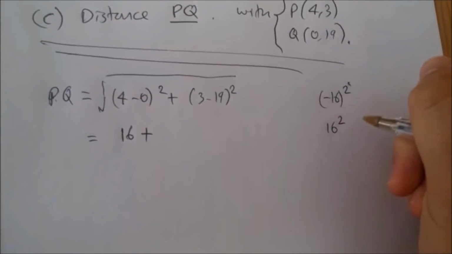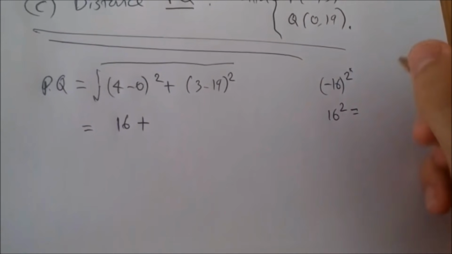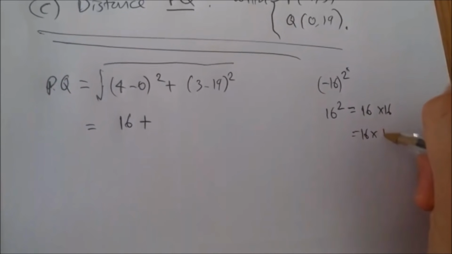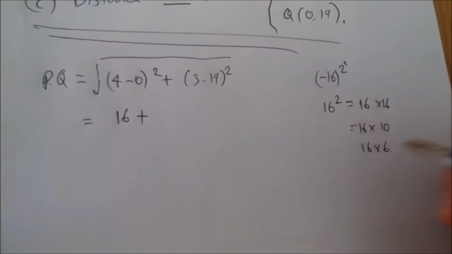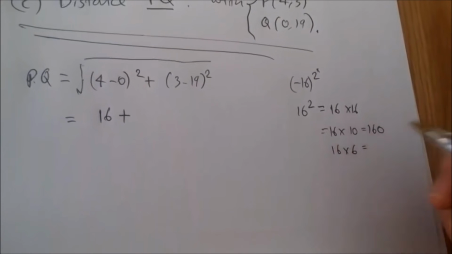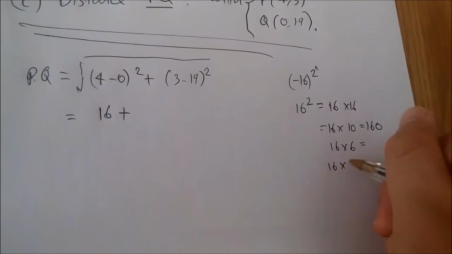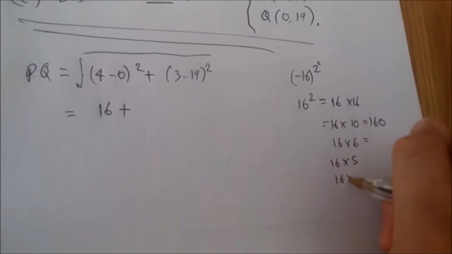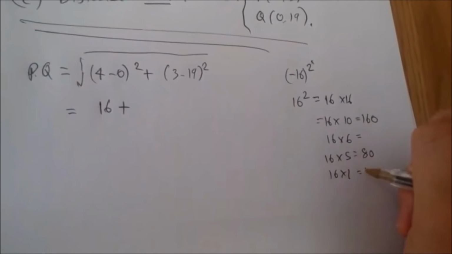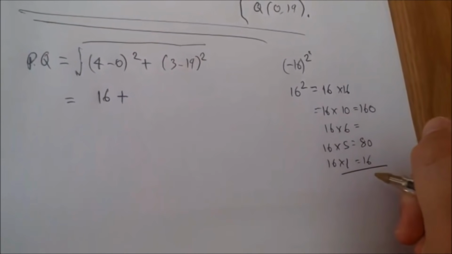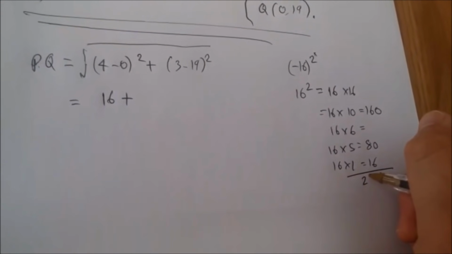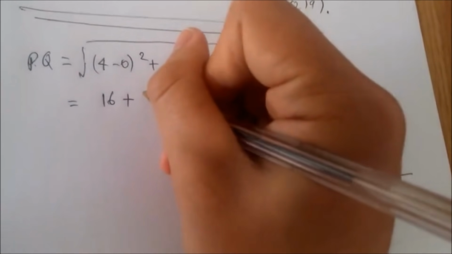If you don't know this one already, the easiest way to do 16 times 16 is firstly 16 times 10 and then 16 times 6. 16 times 10 is 160. 16 times 6, another easy way is times it by 5 and then times it by 1. We know half of 160 is 80. 16 is just 16. Adding all these up, 16 plus 80 is 96, 160 plus 96 is 256.